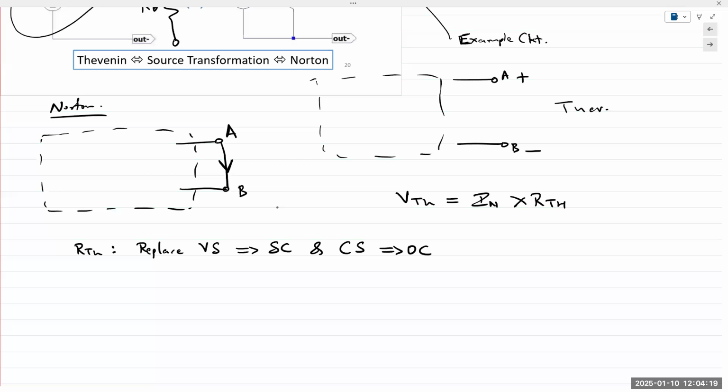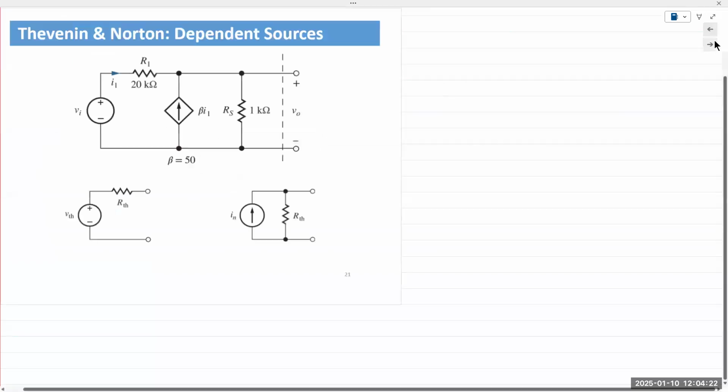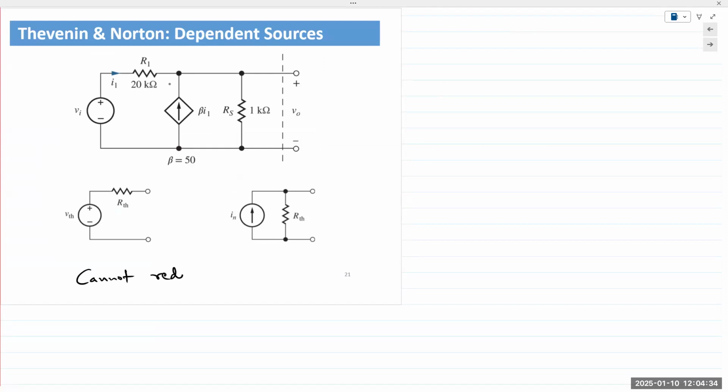Okay. And then lastly, the same thing as a dependent source. You have all studied analysis for dependent sources. You cannot zero out a dependent source. The theory does not work that way. You cannot reduce dependent sources to 0.